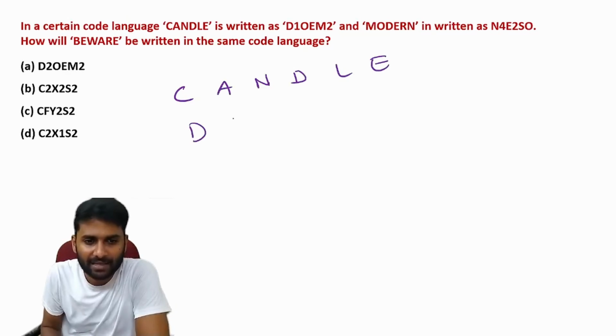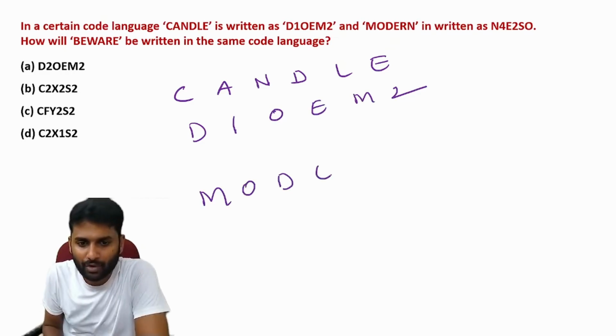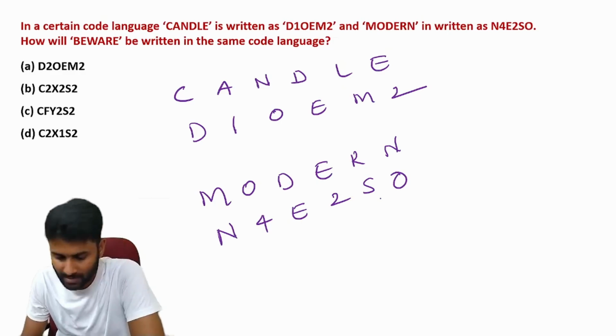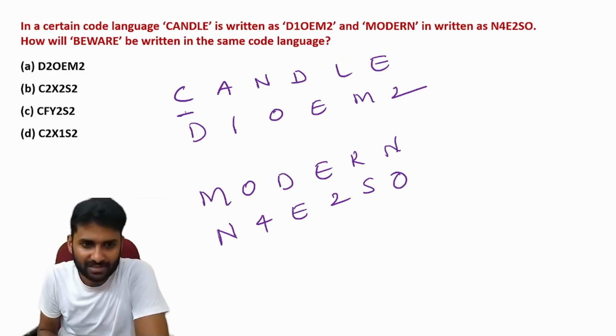CANDLE is D1OEM2. In the same way, MODERN is N4E2SO. Guys, if you observe the sequence here: C plus 1, A is coded as 1, N plus 1, D plus 1, L plus 1, E is coded as 2. In the same way, M plus 1, D plus 1, R plus 1, and N plus 1.